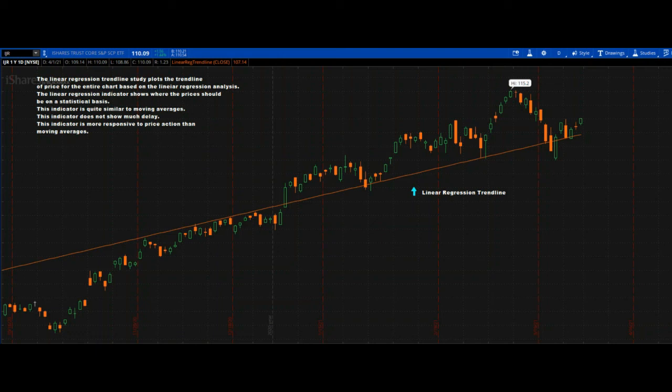The linear regression indicator shows where the prices should be on a statistical basis. This indicator is quite similar to moving averages.